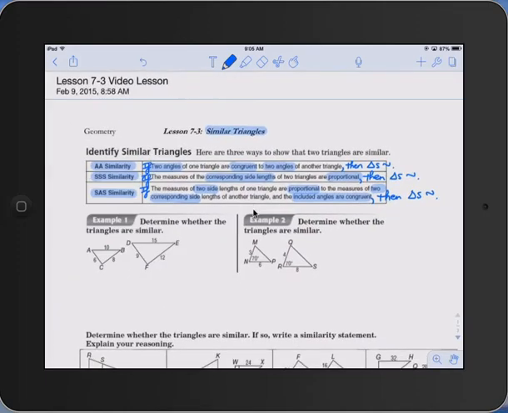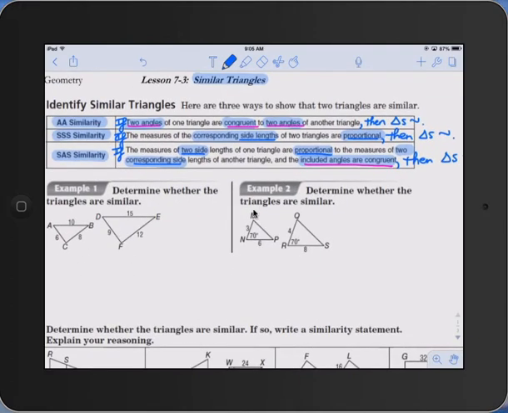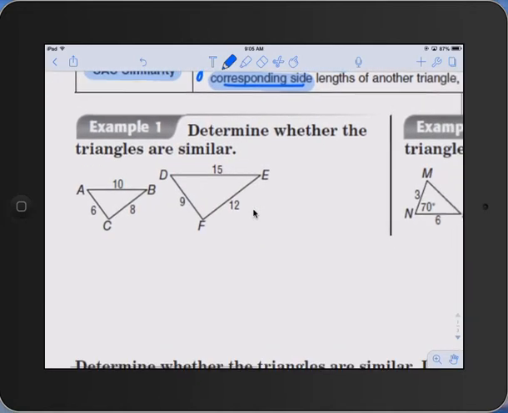So remember that sides have to be proportional, but angles need to be congruent. Just like with side angle side before, we need the angles to be included between the sides that we know are proportional.